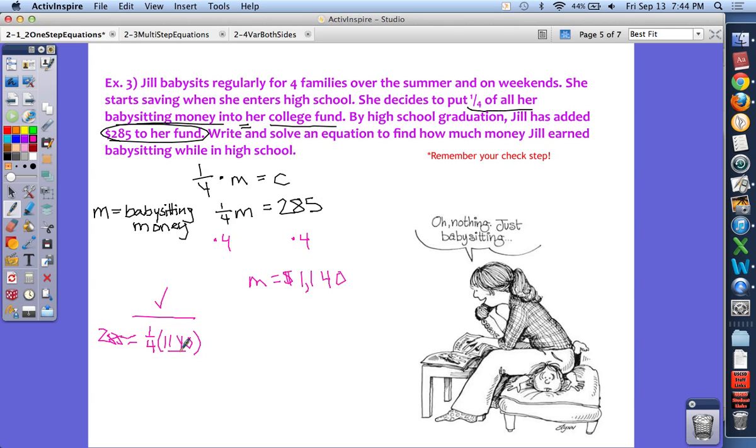You can reduce these if you want, or you can do the long division. 4 goes into 11 twice, remainder 3. 4 goes into 34, 8. Remainder 2. 4 goes into 20 5 times, so yes, 285 does equal 285. Circle your answer there. All right, last problem then, example 4.